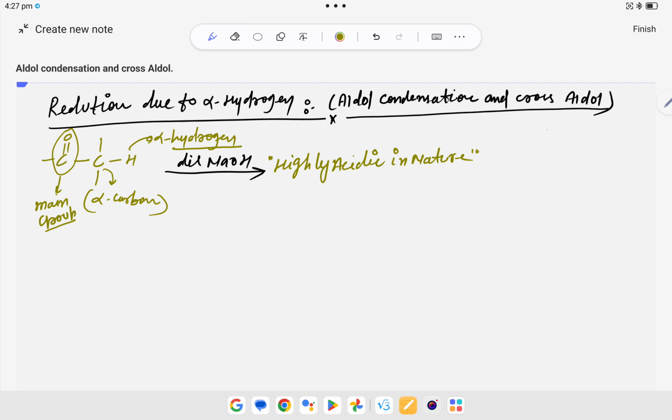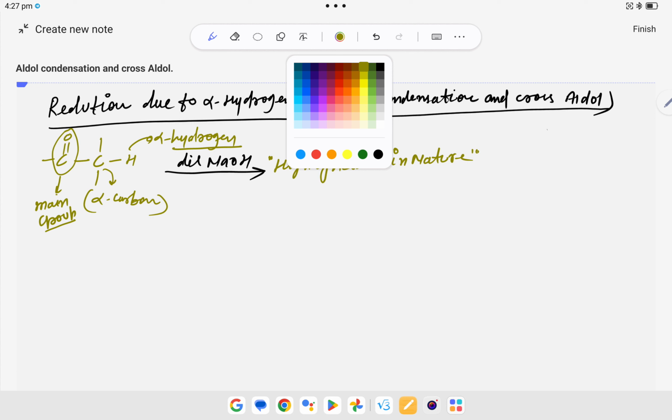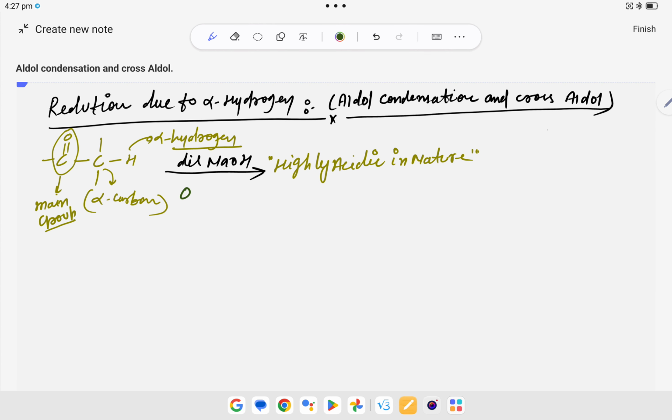Then what happened? From the dilute NaOH, that OH minus will approach the hydrogen, and the hydrogen's electron shifts to the carbon species. So what are we getting now? We are getting a carbon to carbon double bond, single bond, and due to the hydrogen's electron, this carbon has a negative sign.